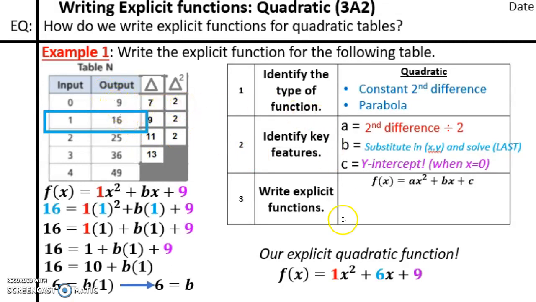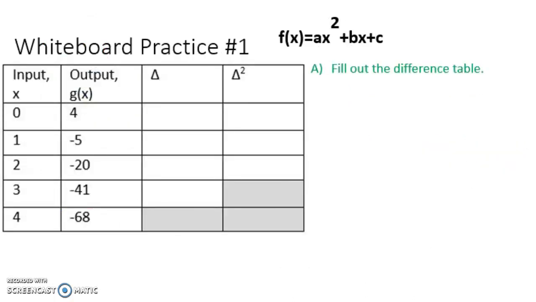And then we pick any point from the table into our function to solve for B. And it is easier to pick the point 1, 16. And that is how we write the explicit function for the quadratic. Okay, for the next one, I'm going to have you try on your own. And you can do this on a whiteboard or on a piece of paper or in your notebook.